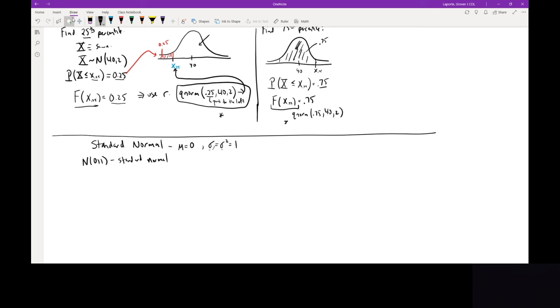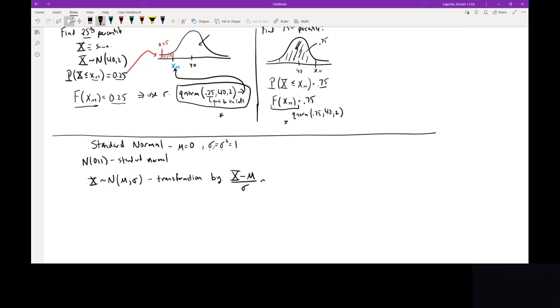There are lots of ways to get a standard normal, but the way we're going to talk about it is if I give you a normal distribution with mean of mu and a standard deviation of sigma, then I'm going to do a transformation by taking my random variable x, subtracting the mean, and dividing by the standard deviation.